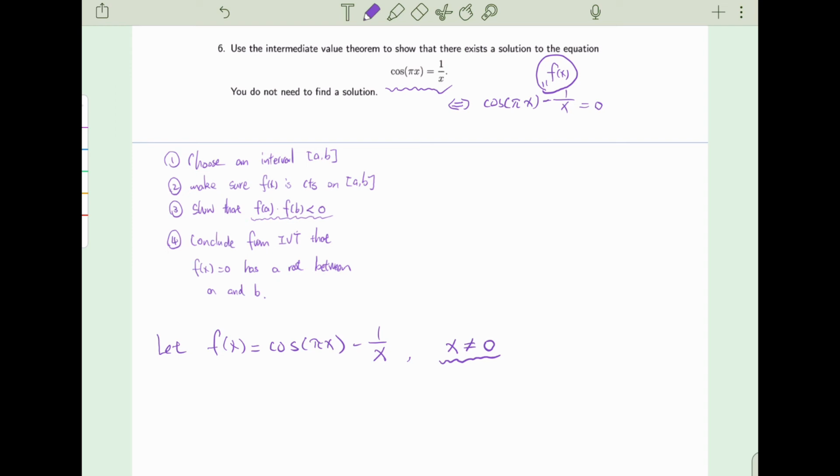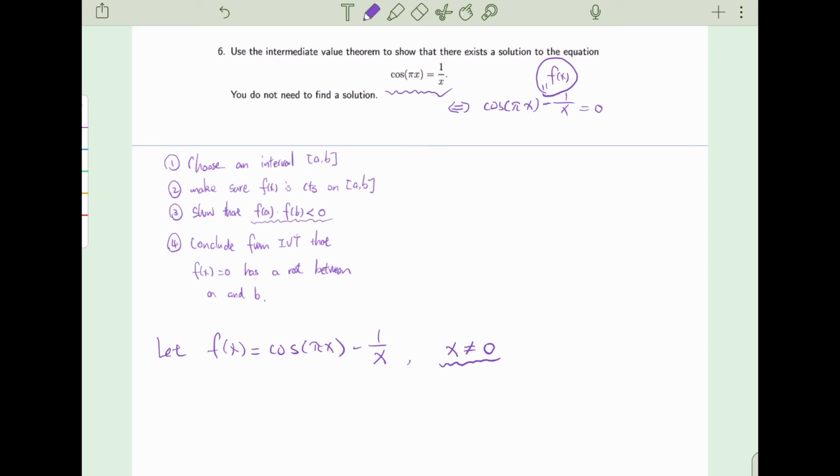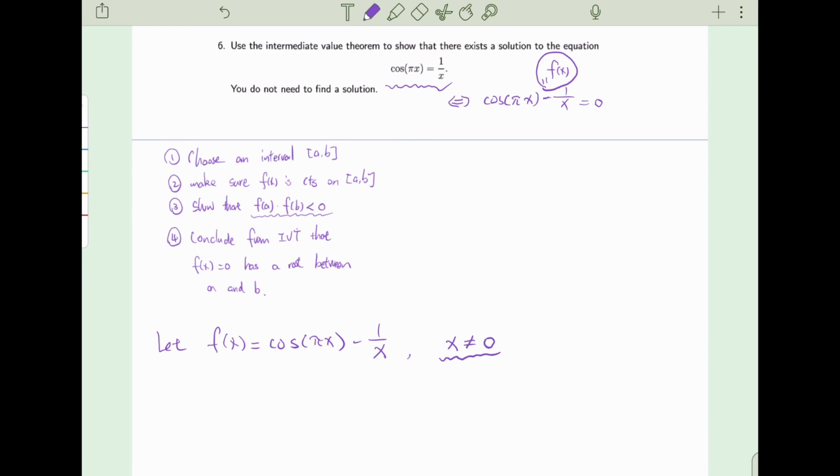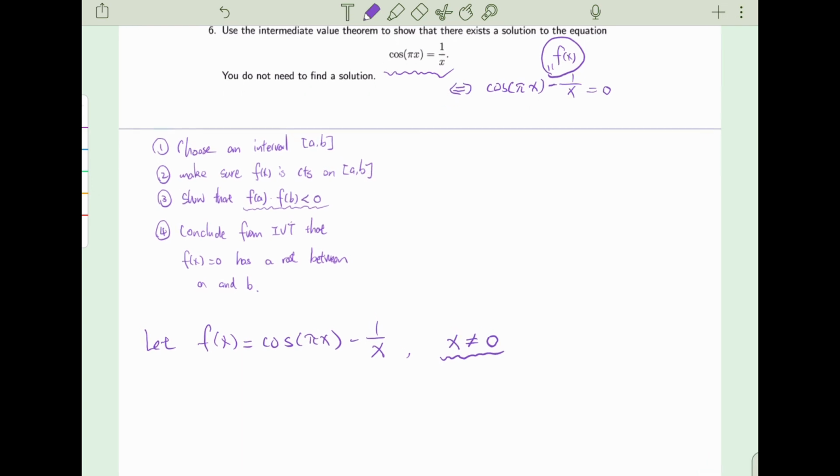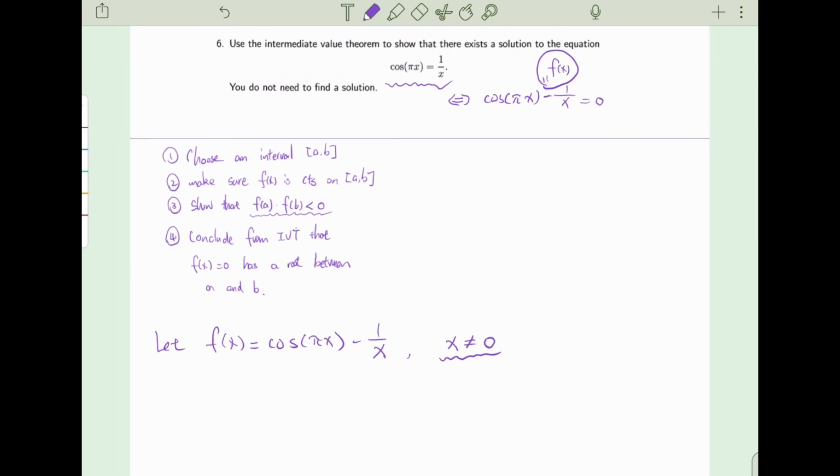You cannot choose an interval that contains 0, because that will make the assumption false, right? You cannot apply the theorem. So this is a very important point to notice when you construct your function. You need to notice the domain. Now I know that as long as x is not 0, the function is continuous. Right? It's an elementary function.